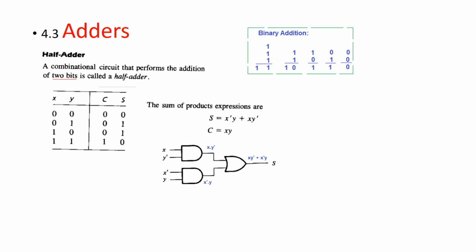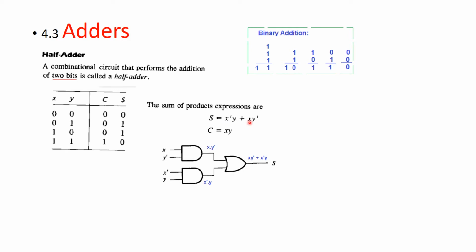So if we have this input, first of all this one, let's say X dash input and Y input, then the output of the AND gate is X dash Y, and this is going to the OR gate. So we have implemented this part.